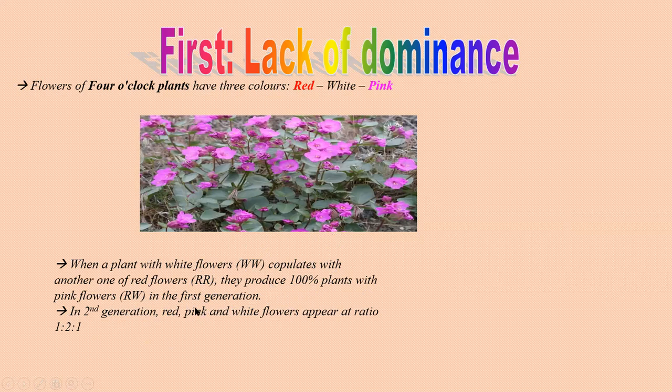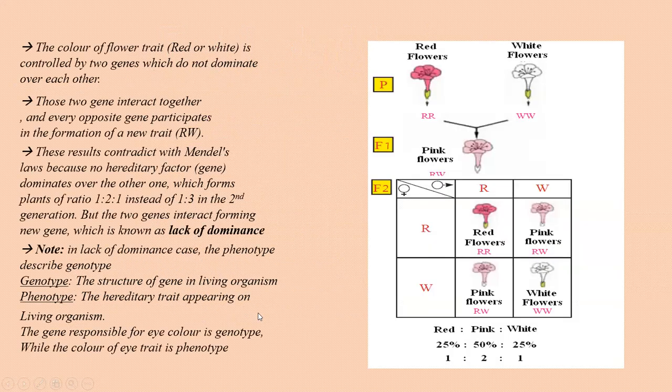Okay, while in the second generation, when they self-pollinate each other, we crossed again the second generation, which is RW with another RW. They found that there is one red to two pink to one white. Okay, let's start and see how to write it.